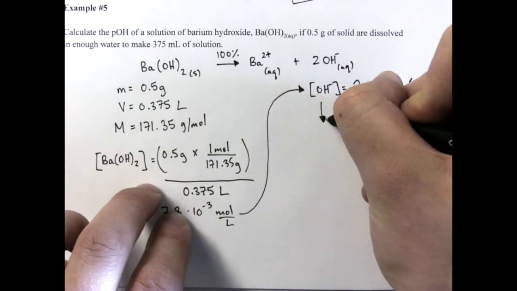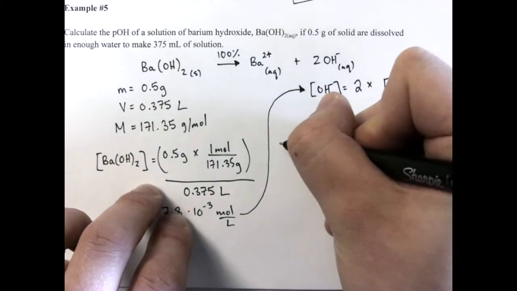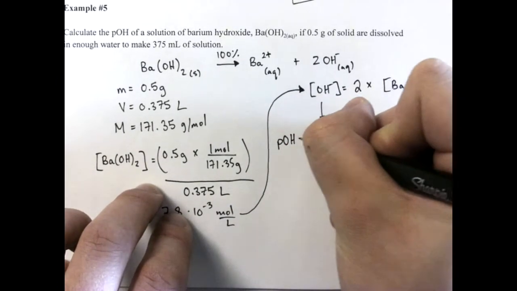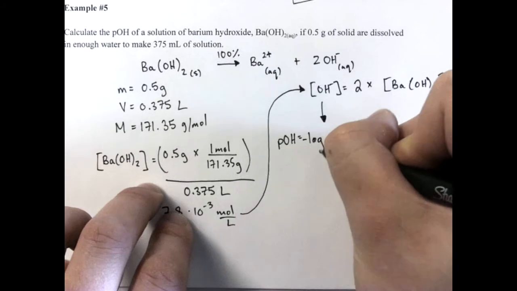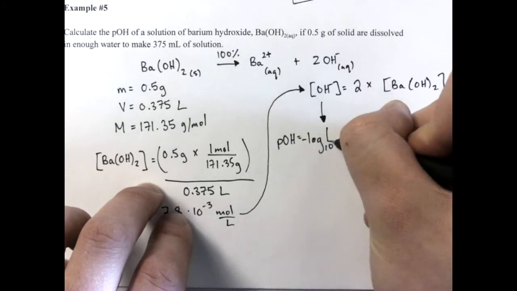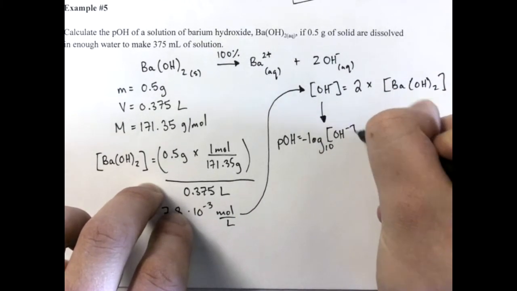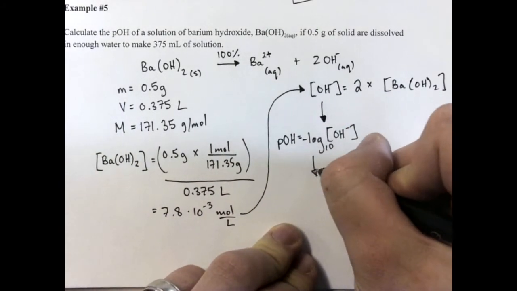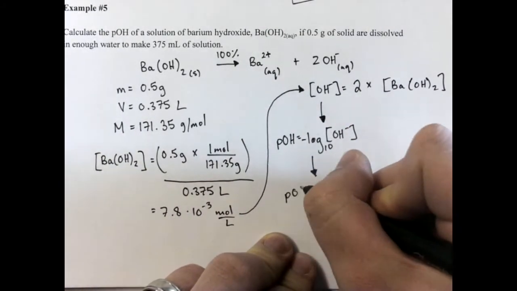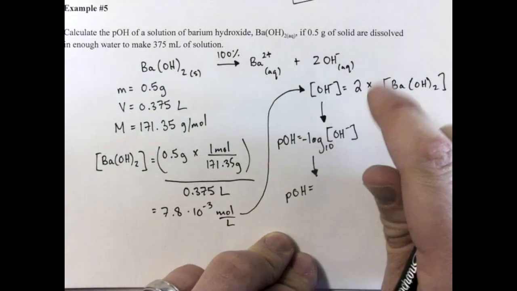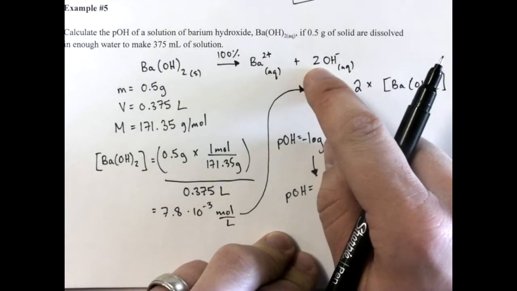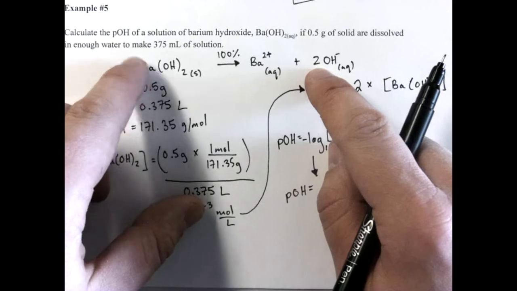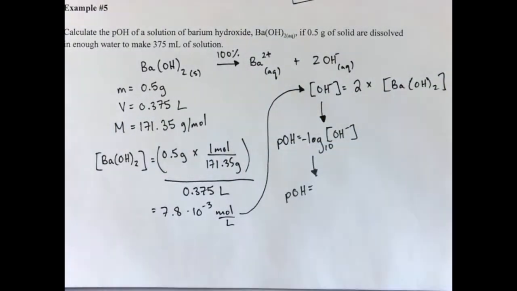So I'm going to take this number, multiply by 2, and that gives me my hydroxide concentration, which is great, because once I have hydroxide concentration, I can calculate the pOH, which is the negative logarithm, base 10, of the hydroxide ion concentration. The important thing there is to multiply by 2, because I make 2 moles of hydroxide for every 1 mole of barium hydroxide.